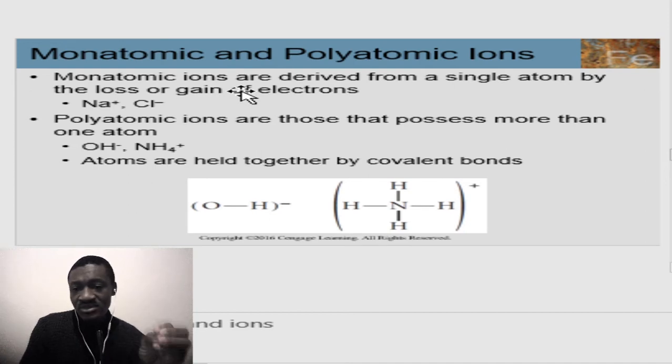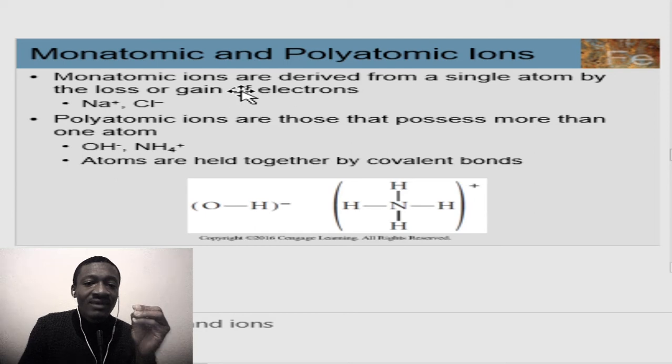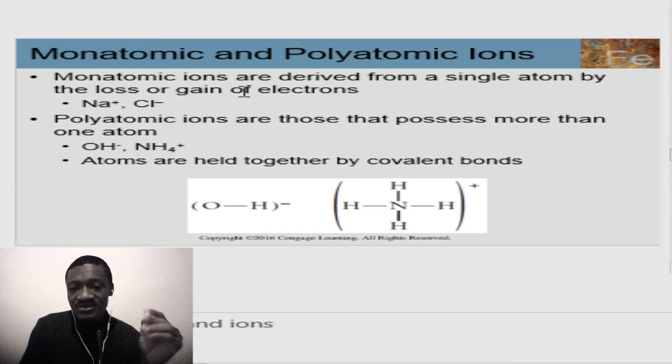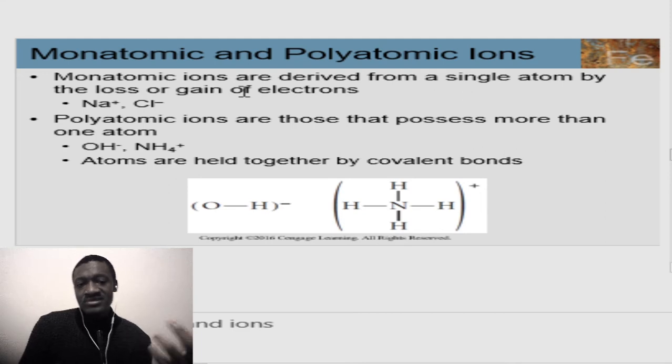So now we're going to look at monatomic and polyatomic ions. So remember, we said ions are positive or negative charge. Now we are looking at ions on the basis of the amount of elements that are present, or the amount of atoms that are present.